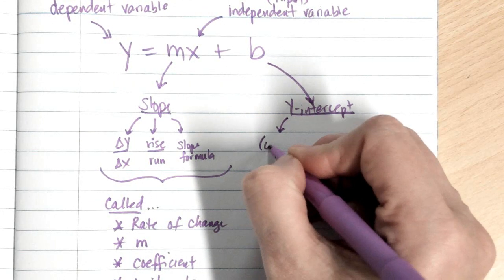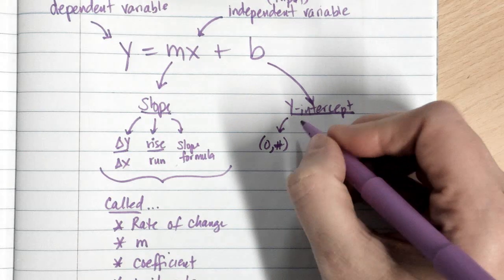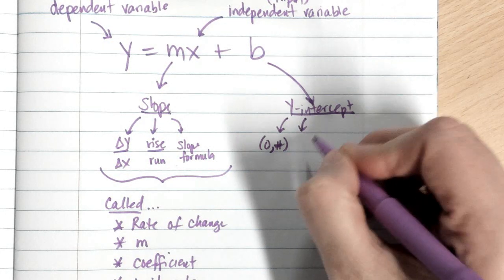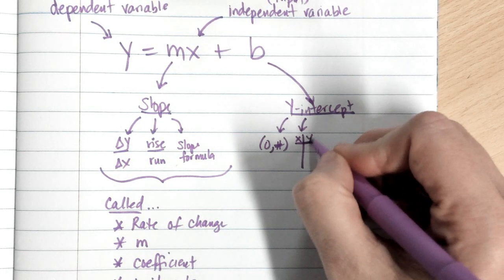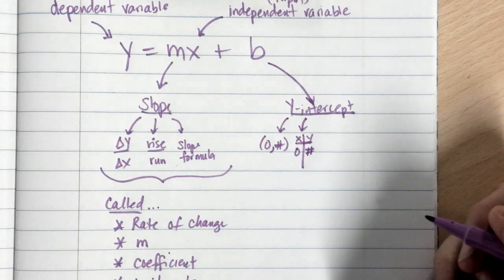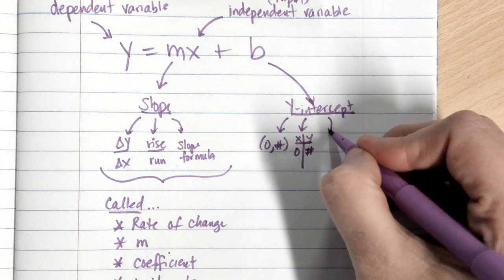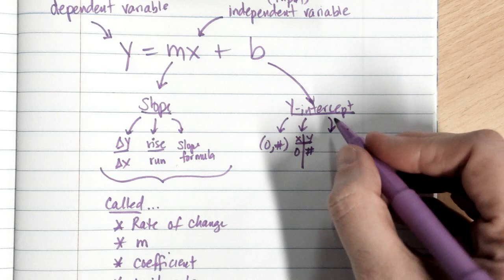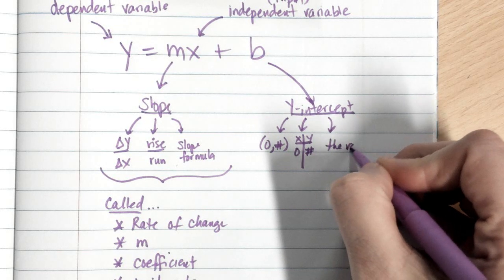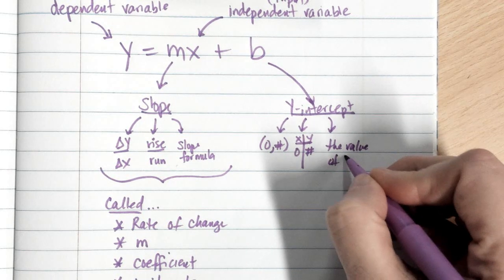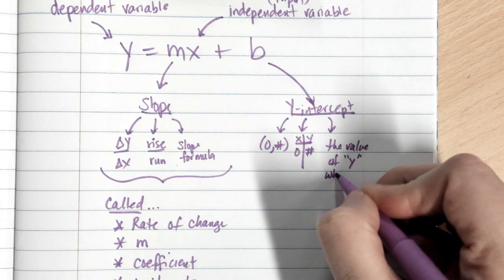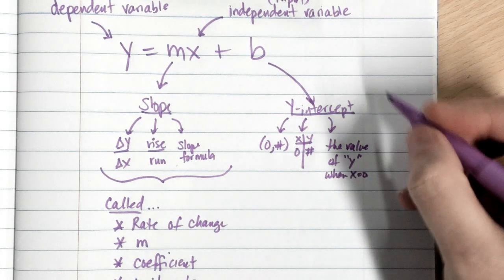If we look at an ordered pair, it's going to be 0, comma, a number. If we have a table, it's the row where x is 0. And actually, that is a very good description: it's the value of y when x equals 0.